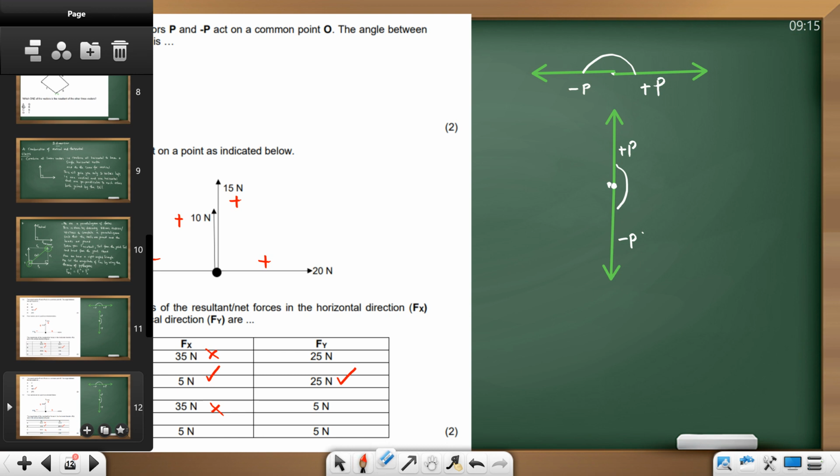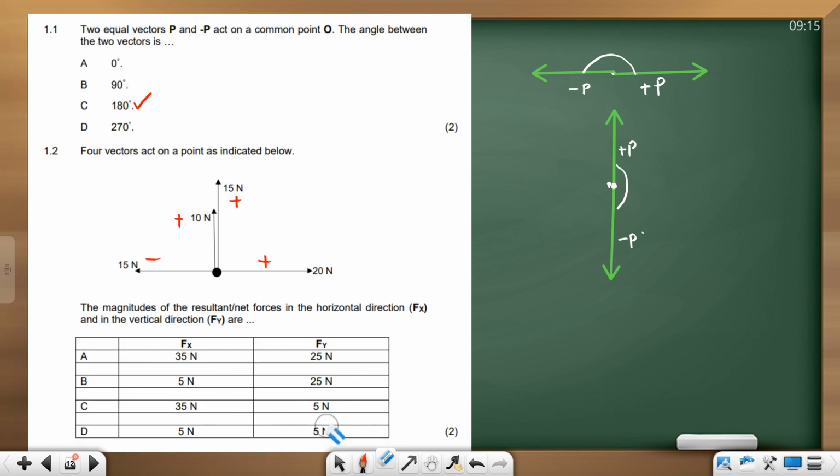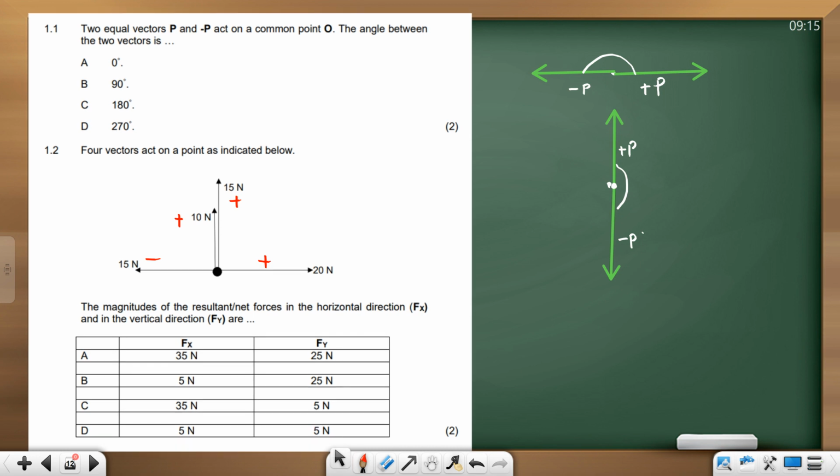So we want to quickly calculate the resultant force. Then I think I have one question on this. All right, let's walk through from here. Everybody, please listen carefully. I'm using number 2.